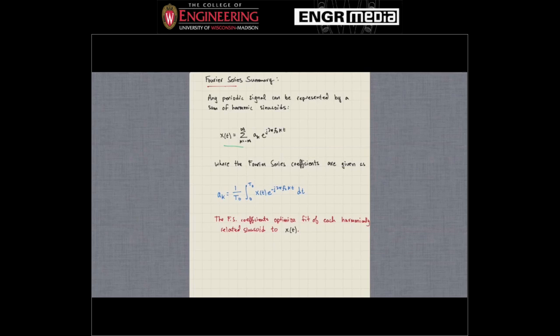And these Fourier series coefficients, the ak that show up in this equation, are just given by this integral equation. In some sense, the Fourier series coefficients optimize the fit of each harmonically related sinusoid to the signal x of t.